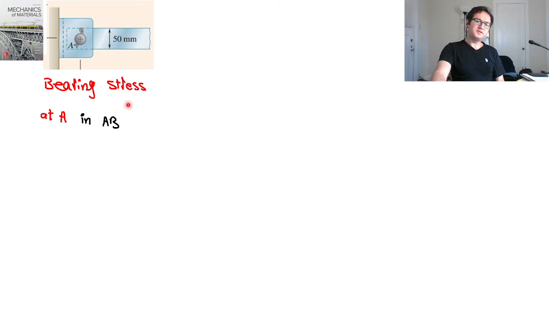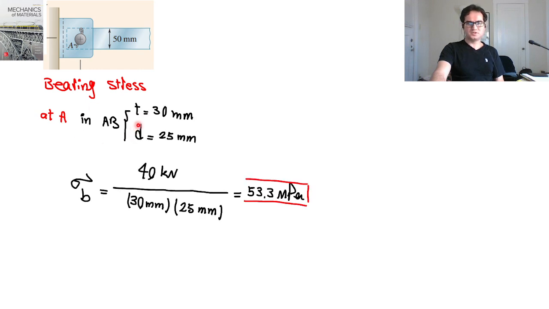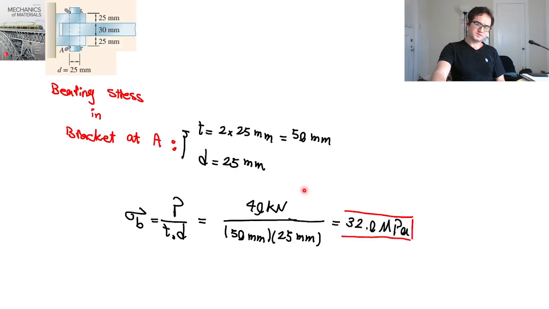If we go for bearing stresses, for example at A in boom AB, AB has a thickness of 30 millimeters and a diameter of 25. So sigma B is 40 kilonewtons over 30 millimeters times 25 millimeters, and that's 53.3 megapascal.